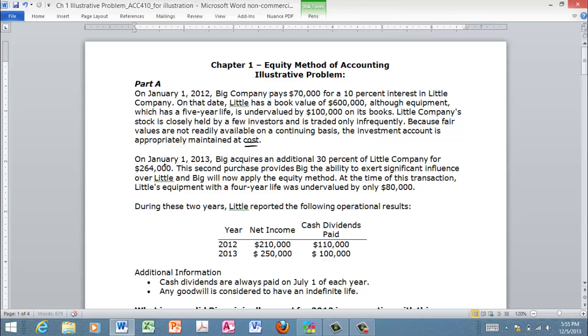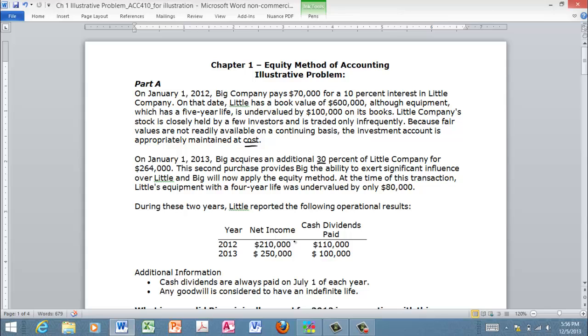Okay? Now, going on in time, January 1st, 2013, Big acquires an additional 30% interest in Little Company for $264,000. This second purchase provides Big the ability to exert significant influence over Little, and Big will now apply the equity method. At the time of this transaction, Little Company's equipment with a 4-year life was undervalued by $80,000.